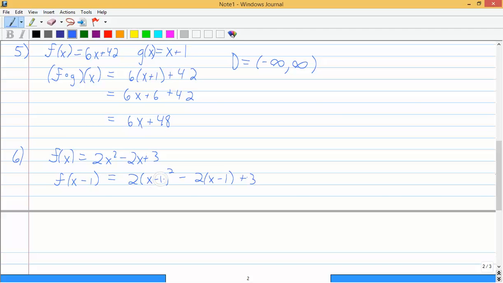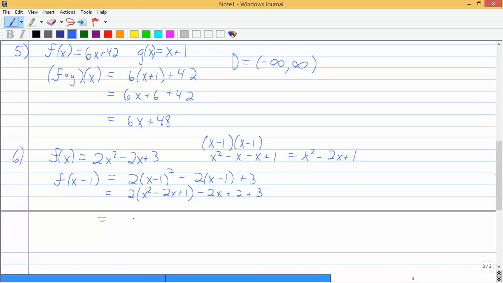Now, (x minus 1) squared is not just x squared minus 1 squared. (X minus 1) squared is (x minus 1) times (x minus 1). So that's going to be x squared minus x minus x plus 1, or x squared minus 2x plus 1. Alright, and there's a 2 on the outside of that, so it's 2 times (x squared minus 2x plus 1) minus 2x plus 2 plus 3.